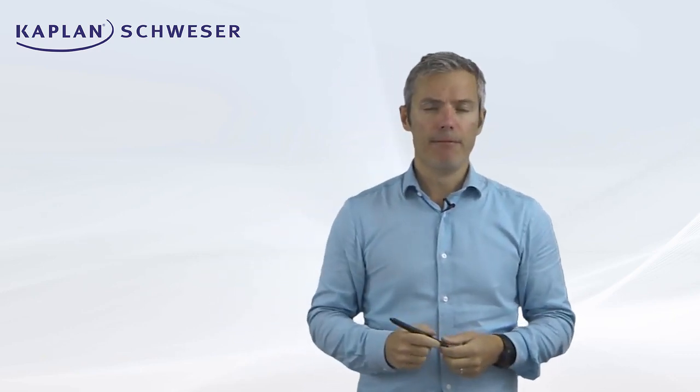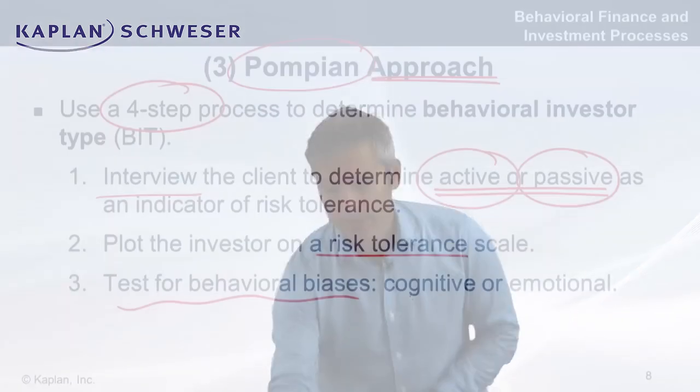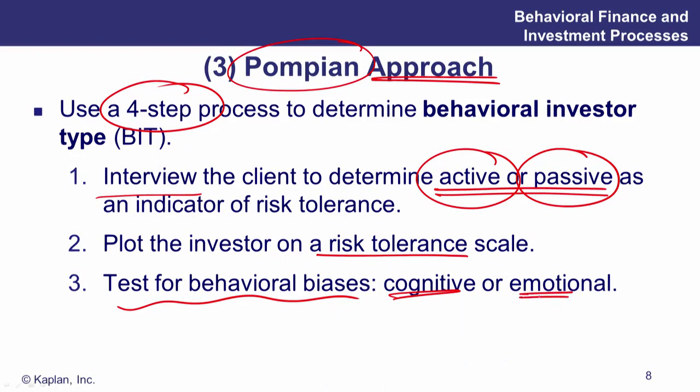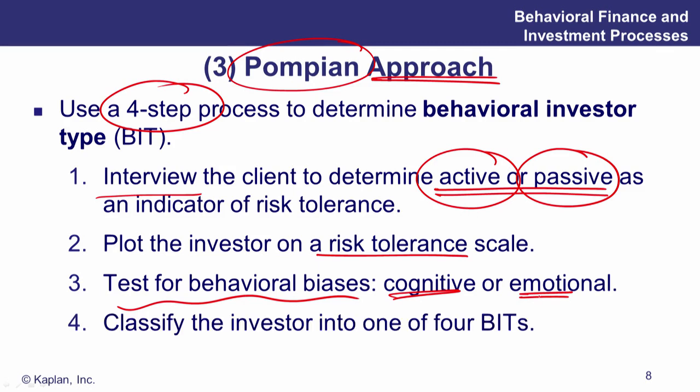Now that you've got an idea as to whether they are risk tolerant or risk averse, you're going to start looking for the types of biases that these types of investors might exhibit.